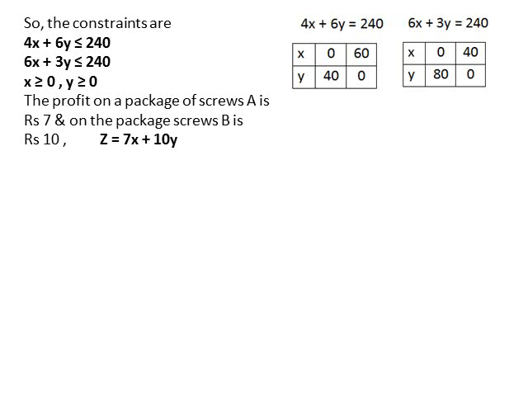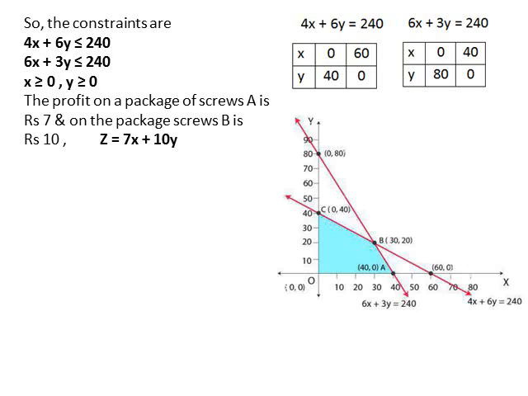For that we need table for each equation which contains at least 2 points which satisfy the equation. After this, draw x-axis and y-axis on the graph paper. Take same and suitable scale so that we will be able to plot all the points. Then plot the points of both the equations one by one.